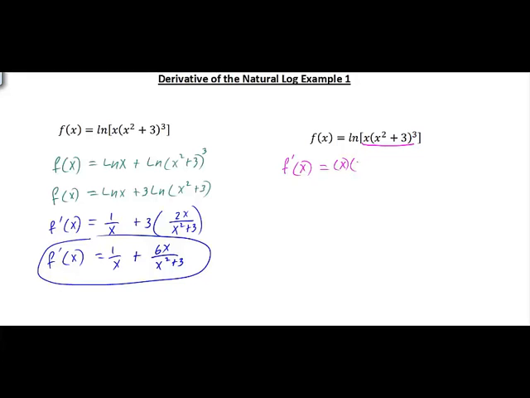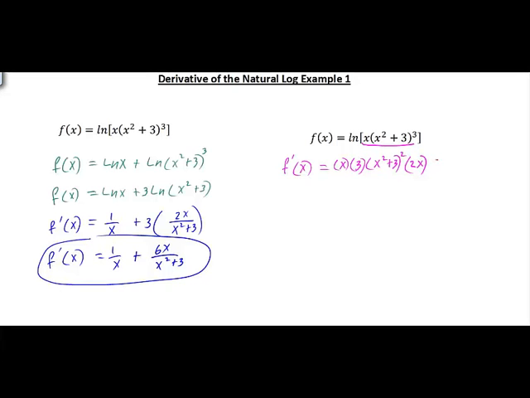So the chain rule says we're going to pull the 3 out front, and then we would have x squared plus 3 squared. And by the chain rule, we have to take the derivative of the inside, x squared plus 3, which becomes 2x.